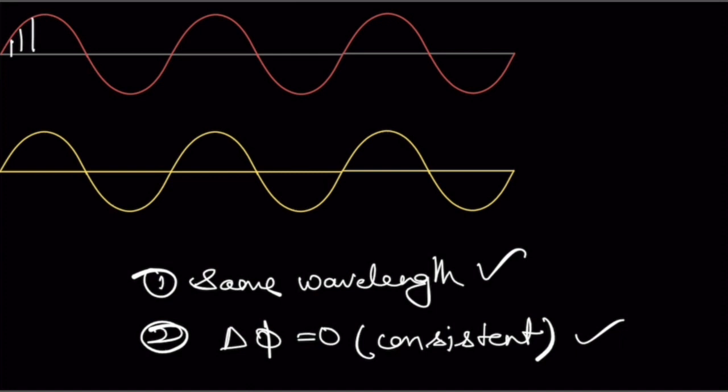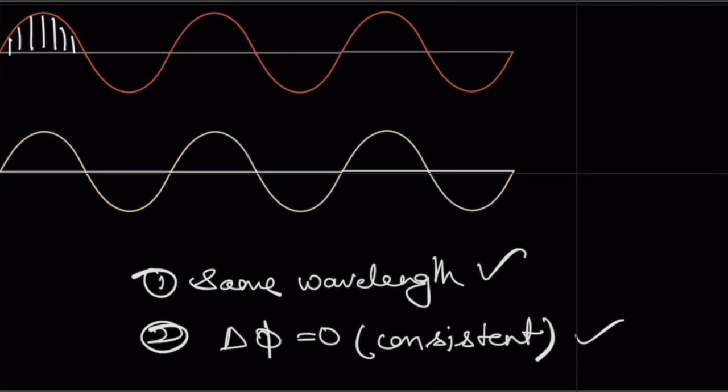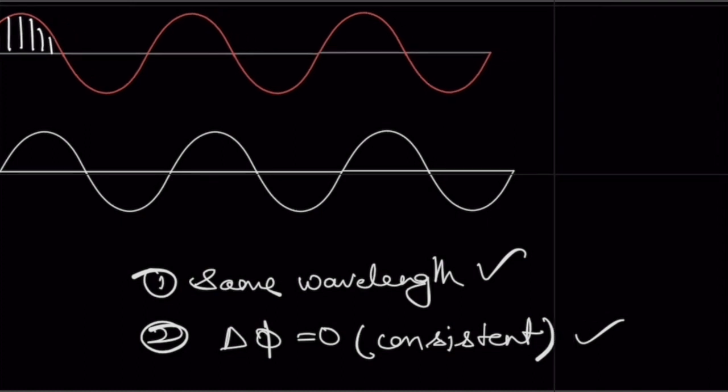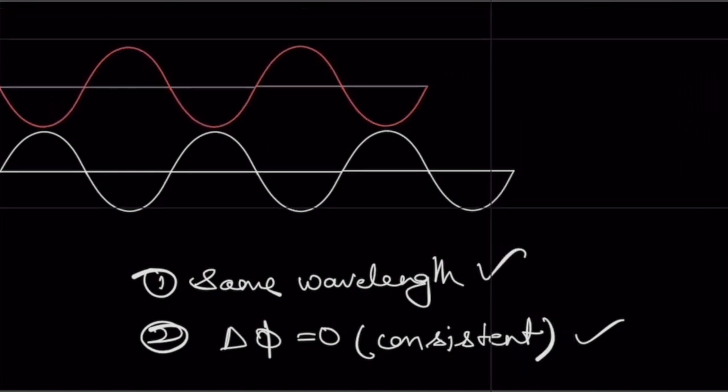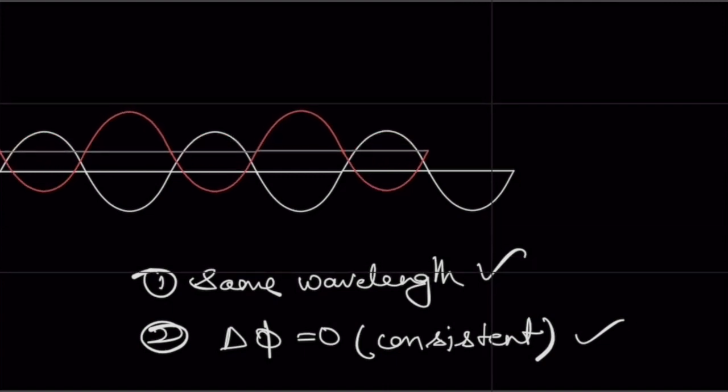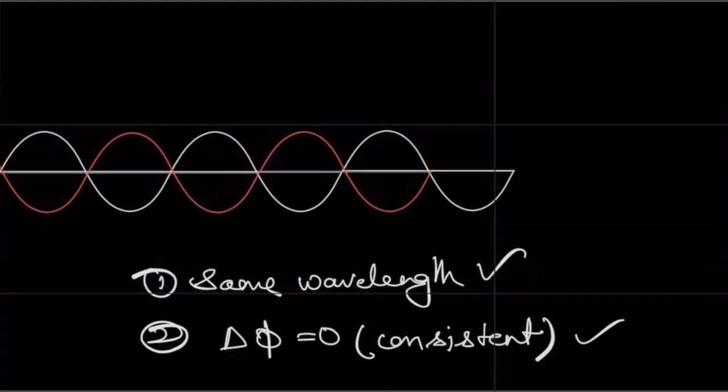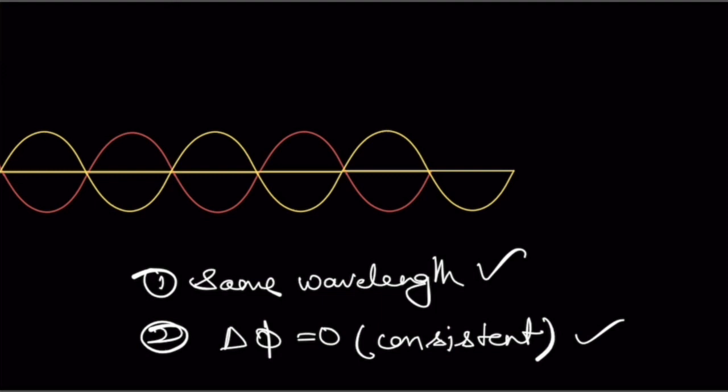Now this is the entire pi. So I will make this wave out of phase by pi. Let me shift it by pi, and if I now merge these waves, what are you able to see? The crest is meeting the troughs, so they will cancel out each other. But here, what is the delta phi, or the difference in phase?